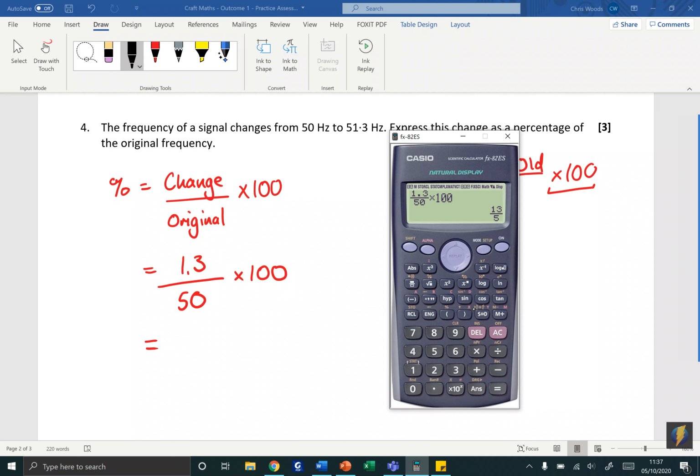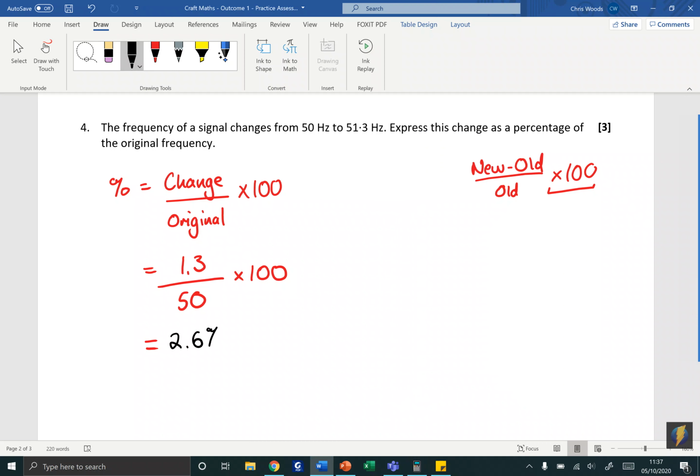If you change that to a decimal using this SD button, it changes from what's known as a third to a decimal, 2.6, and your answer will be in percent. What you could also have done here, and it would have made no difference, is that a fraction is a division. So if you don't have that option in your calculator, you can just go 1.3 divide by 50 times 100.